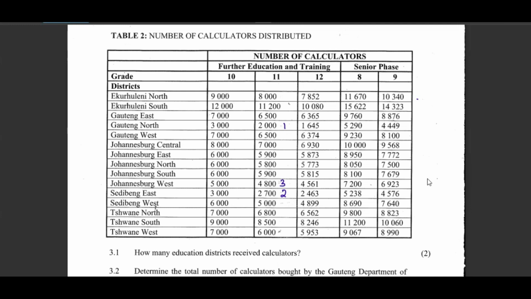This will be 3. Is there any other 4,000? No, we go to 5. 5,800, 5,900. So this becomes 4. This is 5. We have a 6 here.